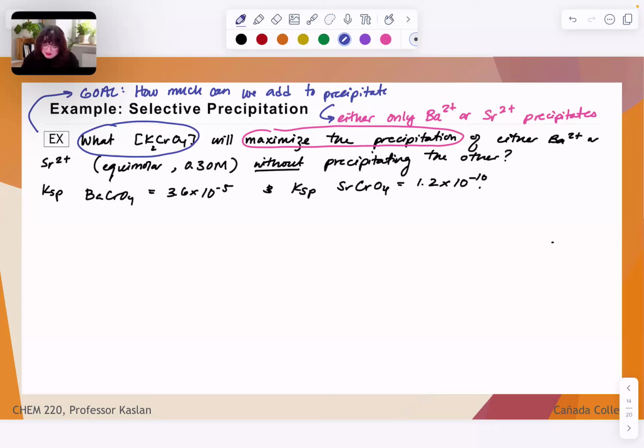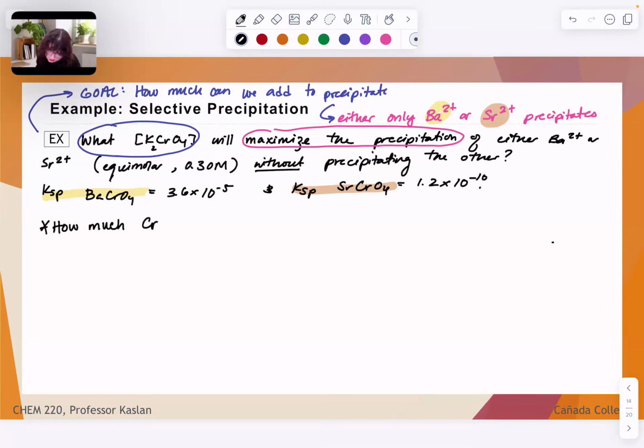And I've been given some information here. So I've been given information about barium, specifically the precipitate that could be formed between barium and chromate. I have the KSP value for that, and then I have also been given the strontium KSP. So let's consider two cases side by side.